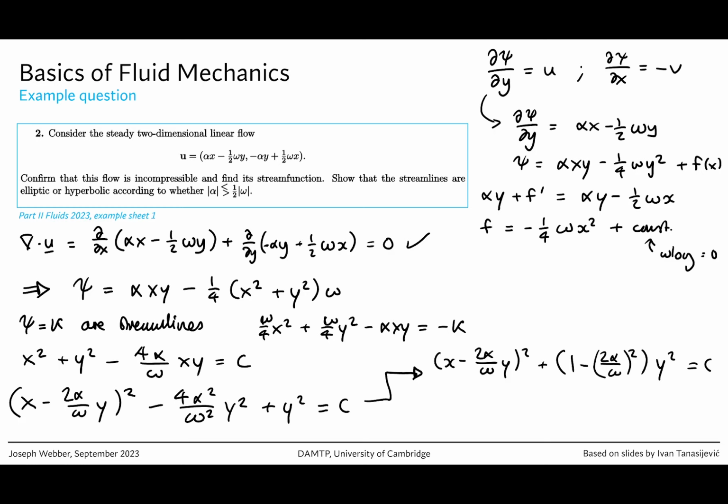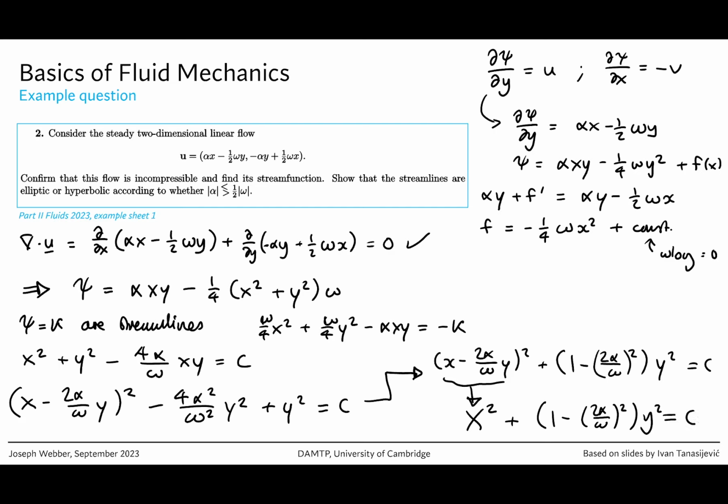Now you can see here, if alpha is greater than 1/2 omega, this has a certain behaviour. Let's change variables. So the best way to look at it is to change variables and say that this is, say, capital X squared plus 1 minus 2 alpha over omega squared y squared is equal to c.